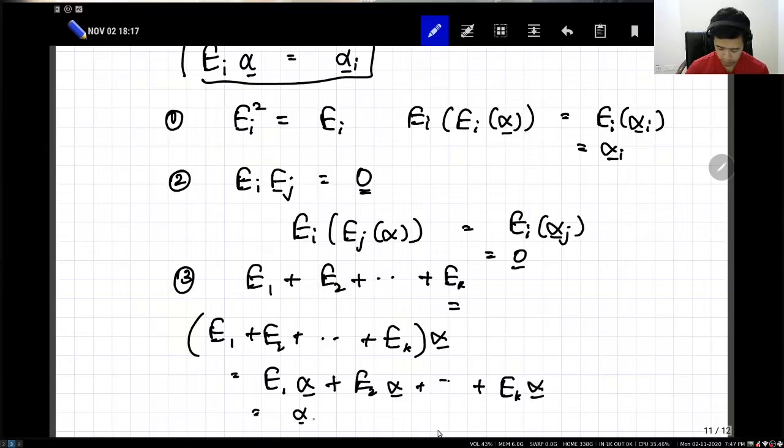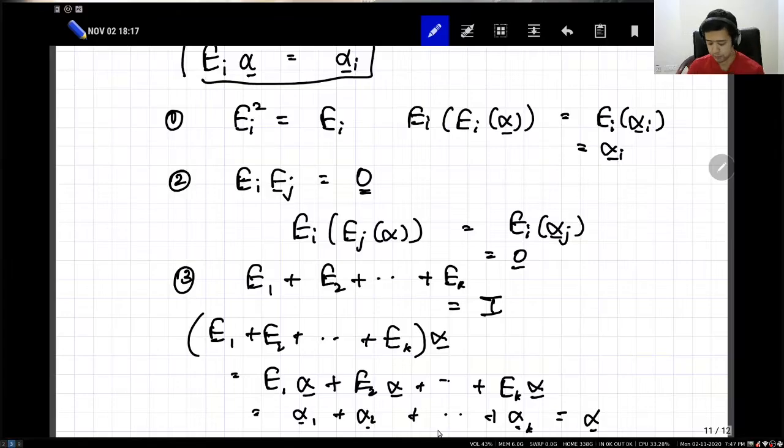But this is alpha_1 plus alpha_2, so on up to alpha_k, which is just alpha. So the sum of all these transformations when operated on alpha gives you back alpha, and this happens for every vector alpha. What this implies is that E_1 plus E_2 plus E_3 all the way up to E_k should give you the identity matrix.